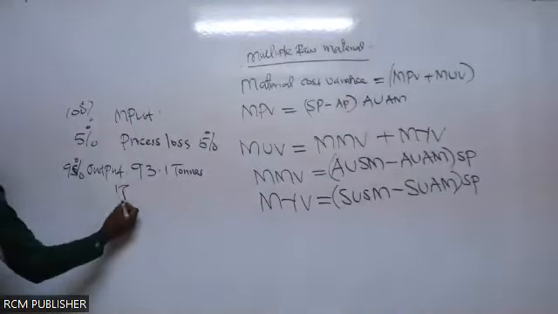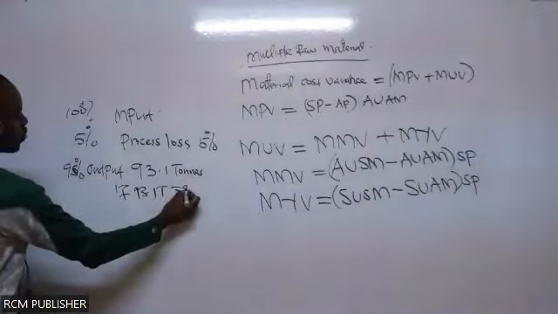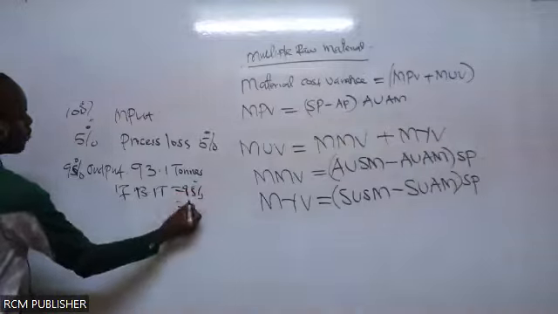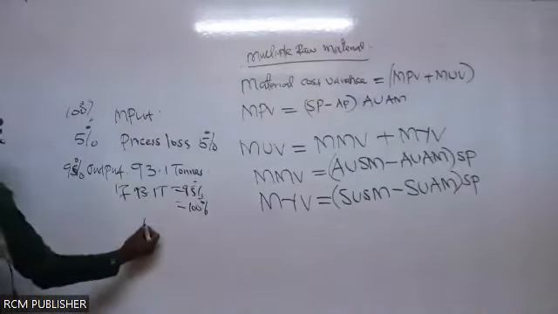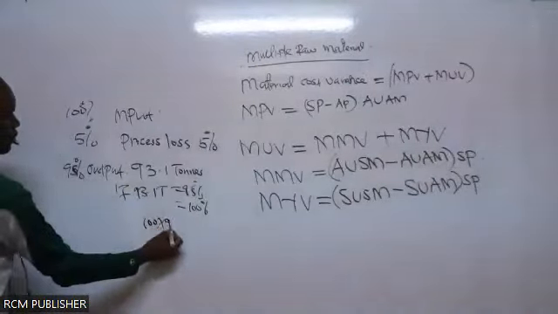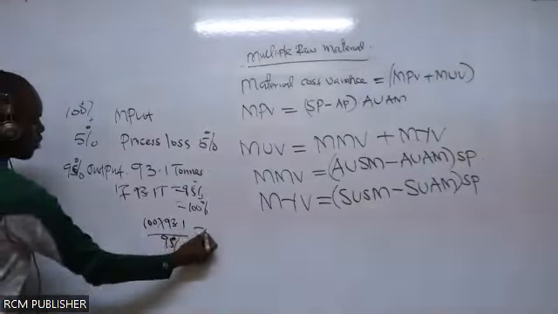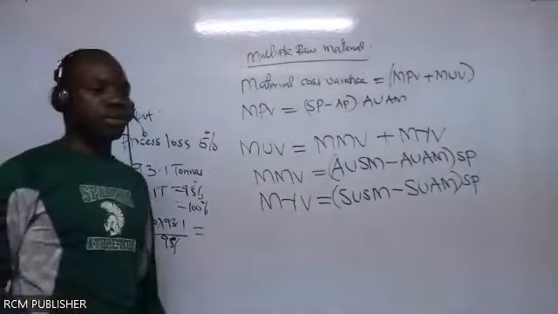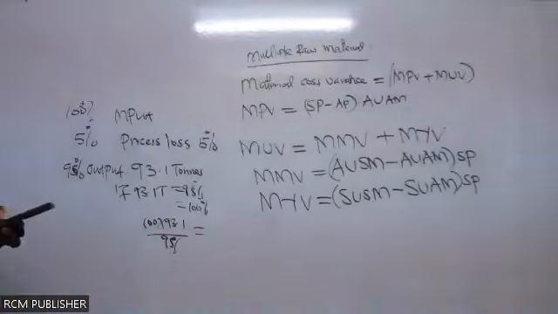So if 93.1 tons is equal to 95%, are we able to get 100%? How many tons did we bring in to achieve that?